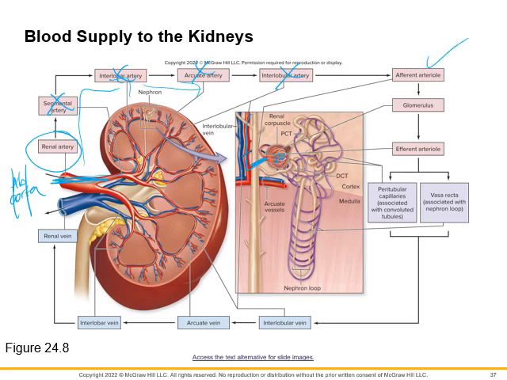And then the blood is going to be filtered by the glomerulus, right? Any small particles are going to drop through the glomerulus capillaries into the capsule, right? So we've created filtrate. Those small items are going to move into the proximal convoluted tubule.